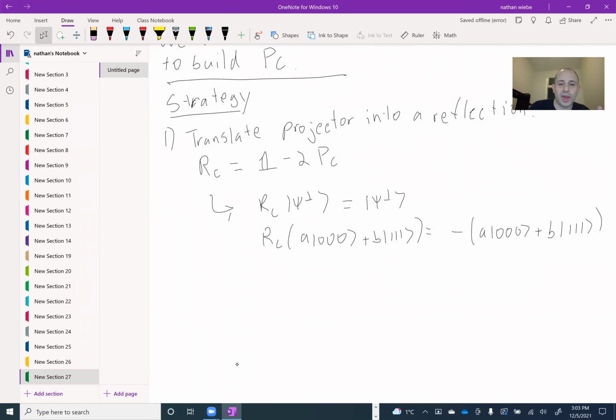Then we can say, well, once we've written it as a reflection operator, we can write PC, which is the projector that we want to actually implement, as just being identity minus RC divided by 2.